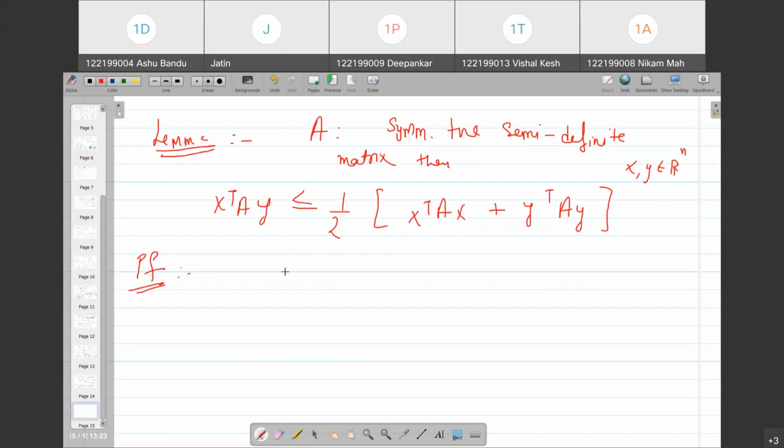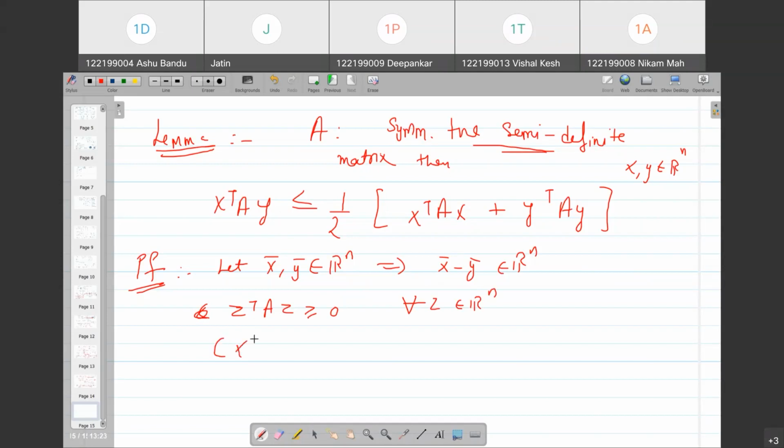Okay, let's try to prove this. Let X bar, Y bar belong to Rn. So this implies X bar minus Y bar is also an element of Rn. Now when you call something positive semi-definite, Z transpose AZ is greater than or equal to 0 for all Z in Rn. So take Z equal to X bar minus Y bar. Then X bar minus Y bar transpose A, X bar minus Y bar, is greater than or equal to 0.